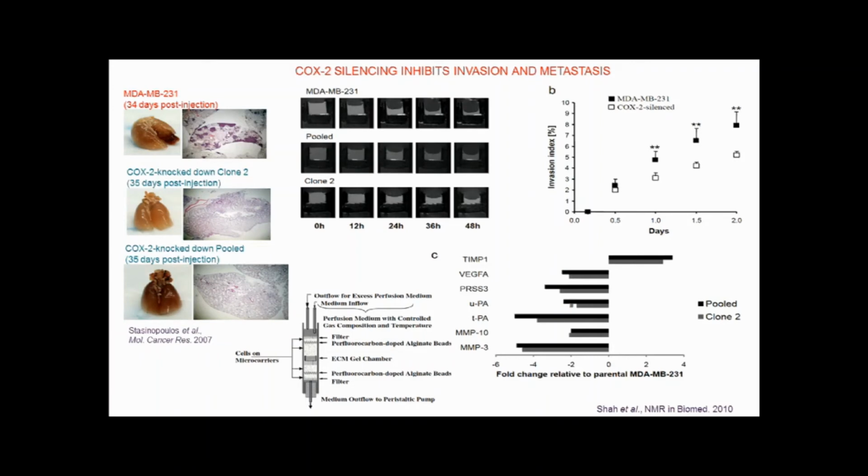And again, you can quantify this using an invasion index, which is characterizing the number of cells with diffusion imaging in the matrigel layer. And also, you can do molecular characterization to show that many of the enzymes responsible for ECM degradation are downregulated when COX-2 is downregulated.